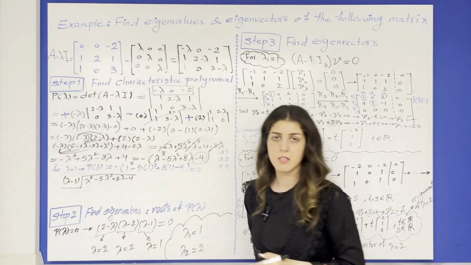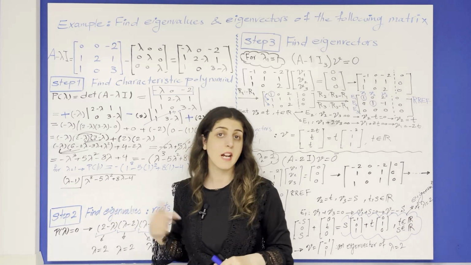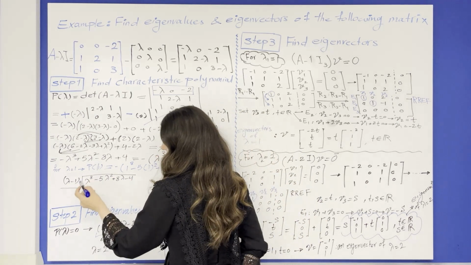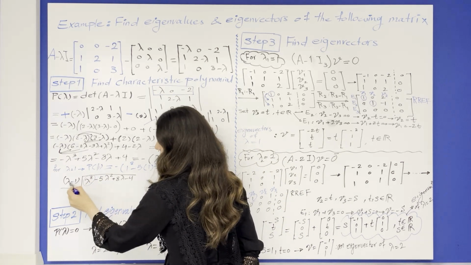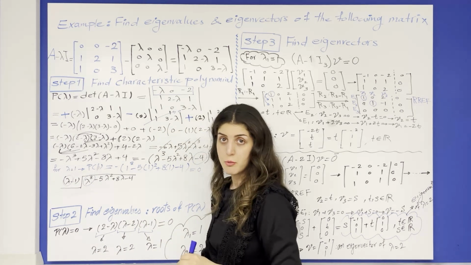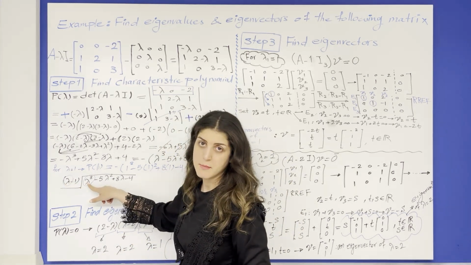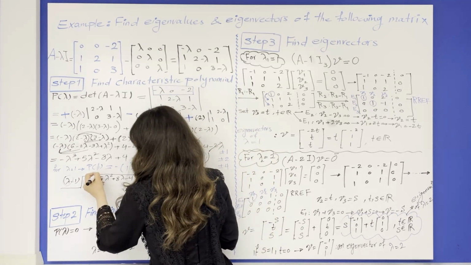So if lambda equal to 1 is a root, then I should have the factor of lambda minus 1 in the characteristic polynomial. So here, if I want to divide, consider the term with the largest degree here, the term with the largest degree here. You want a term to multiply it by lambda to get lambda cubed. So it's going to be lambda squared, right? So I'm going to write it down here.